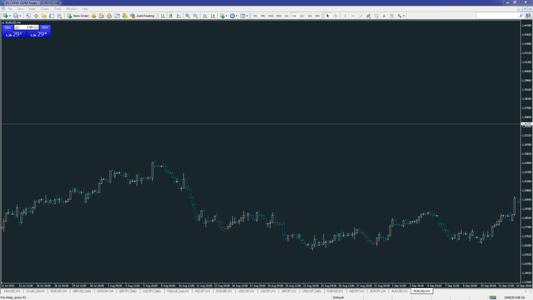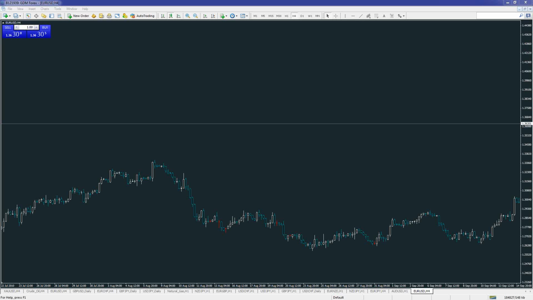Now, to identify and measure a trend, first we need to identify the major trend. After that, we need to identify the secondary and the intermediate trends. The major trends are most clearly visible on the daily chart, which on the MT4 is stated as D1.